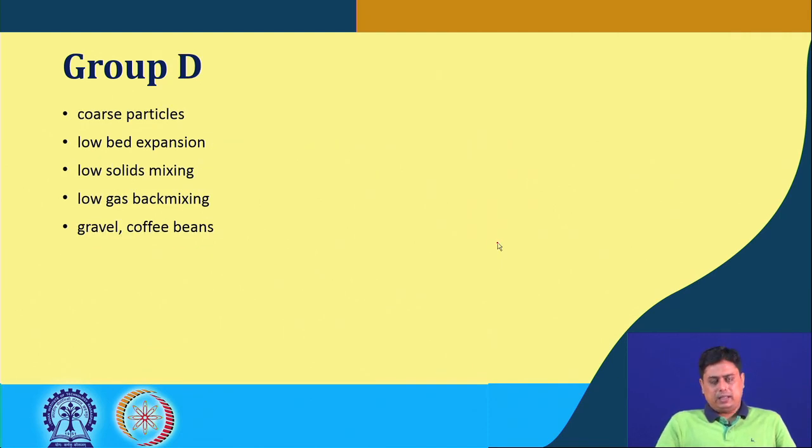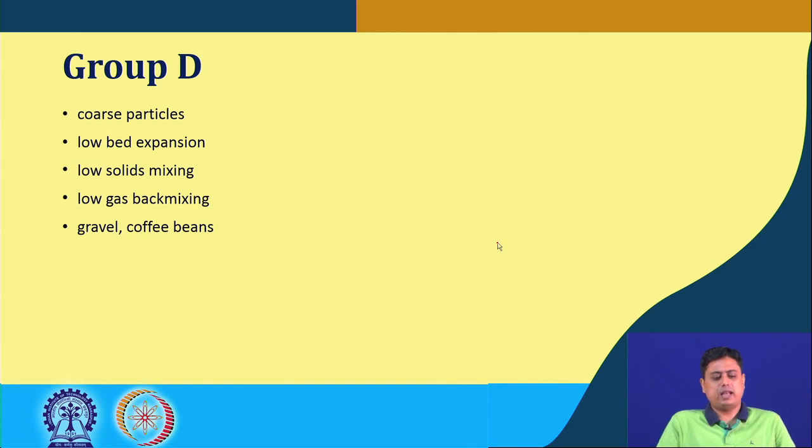Group D particles are coarser materials or the coarser particles. As the size increases, at the same operating condition, there is low bed expansion. There is low solids mixing, but better than group C particles. We have low gas back mixing.